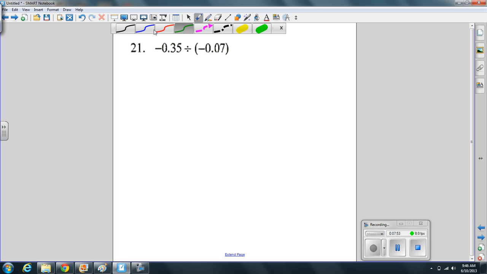21 is a division problem. So what I'm going to do is set up my division here, and I want to know negative 35 hundredths is divided by negative 7 tenths.